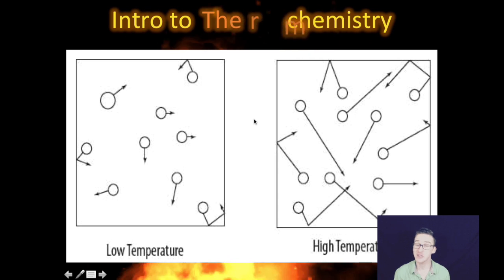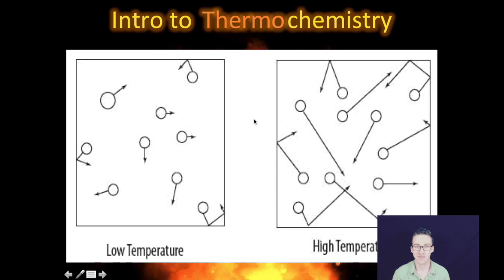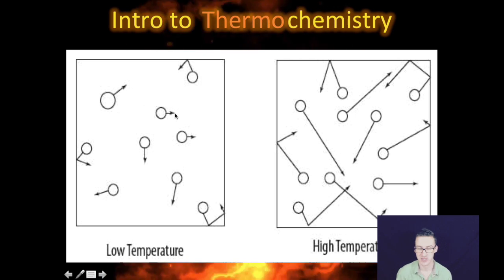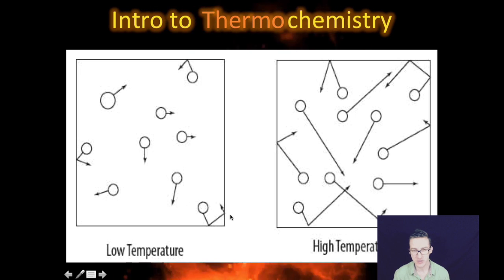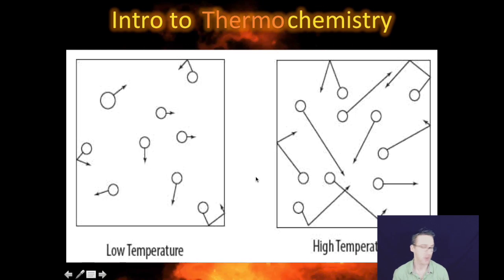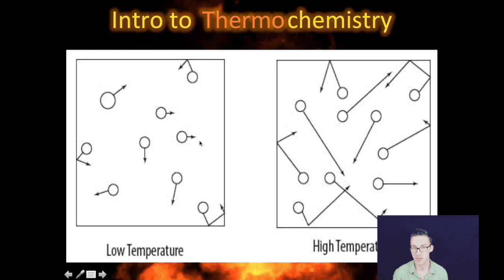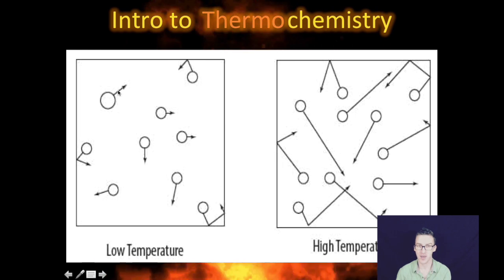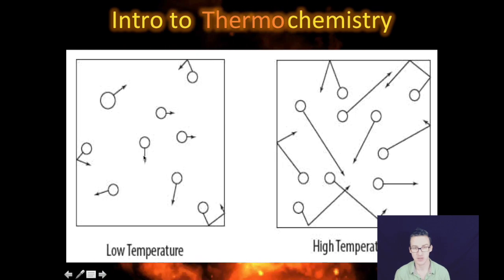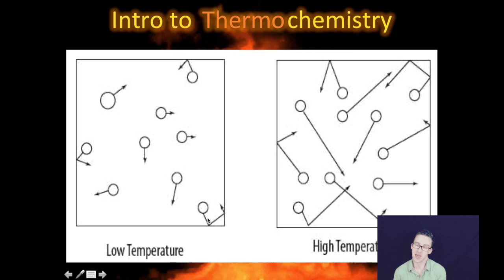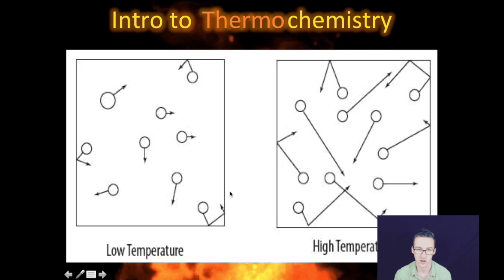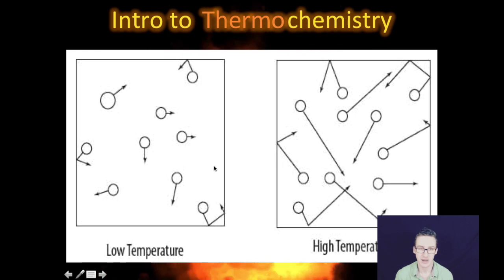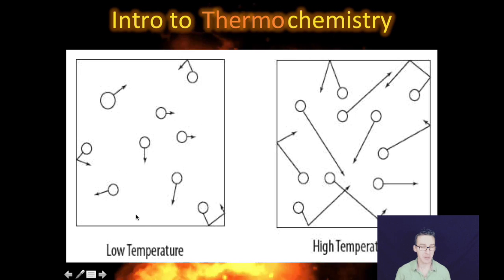So what that means for you is that you are going to have to interpret the average kinetic energy that a sample has based on many times vectors. And vectors are just these little arrows that you see that indicate the relative kinetic energy that a sample might have. So as you recognize the image on your left, there are a bunch of vectors that are relatively short, indicating that they have relatively low velocities and therefore relatively low average kinetic energies, and therefore it's at a relatively low temperature.